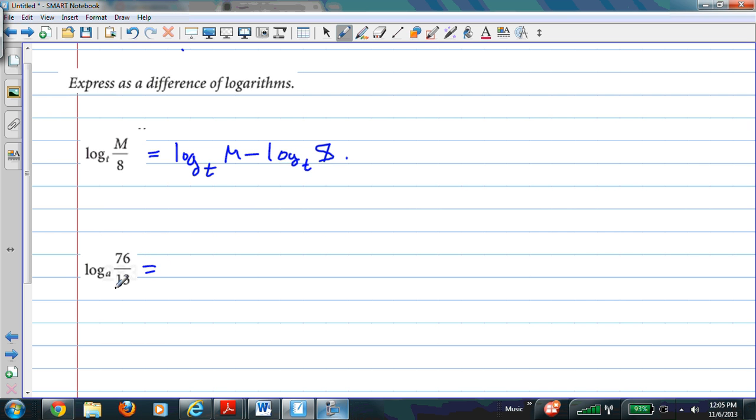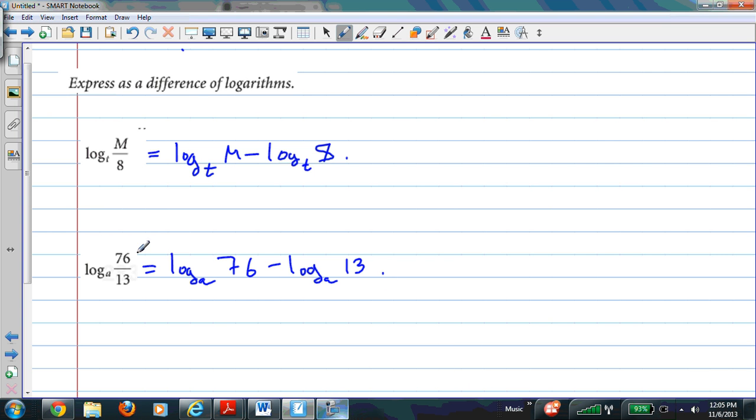Similar situation here. We have log base a of 76 over 13. Again, using the quotient rule, this can be split into a difference of logarithms. Log base a of 76 minus log base a of 13.